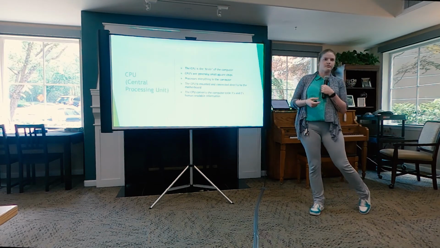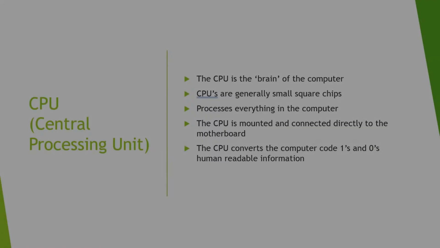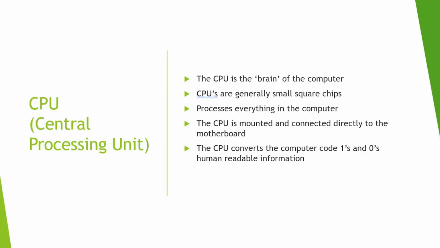Of course, they can be removed, but most of the time they're on there. It's what processes that computer language, the ones and zeros, into actual human language. It's what translates the computer talk to understanding human talk.